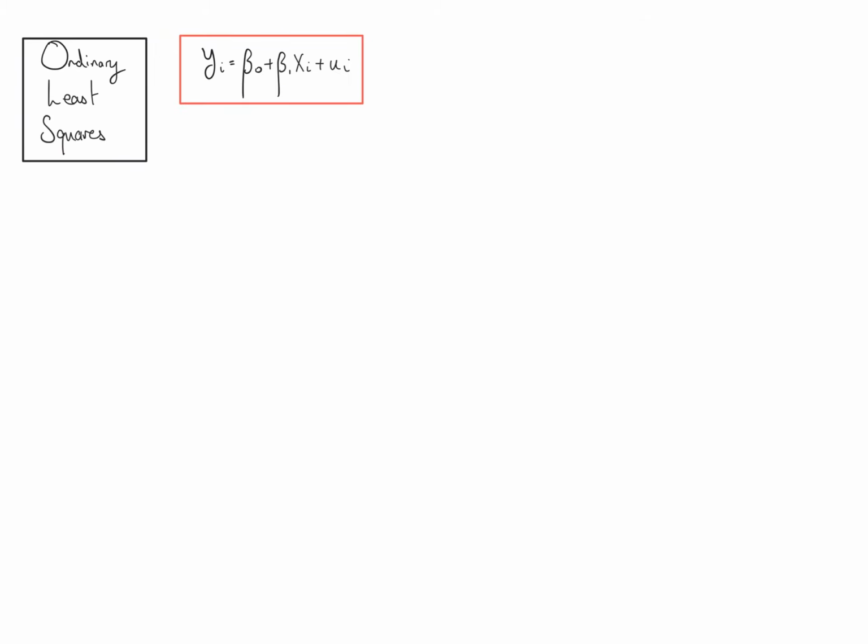Now, we can also impose restrictions on the slope parameter. So suppose we wanted to impose that beta 1 is equal to 2. Effectively, the model that we're estimating is yi equals beta naught plus 2xi plus ui, and we're going to try and minimize the sum of squares of the fitted residuals.